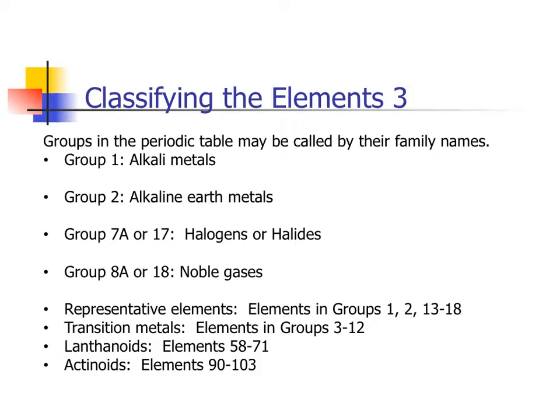The transition metals, and then our inner transition metals, can sometimes be broken down into the lanthanoid and actinoid series. Sometimes you will see these written as lanthanide or actinide series.